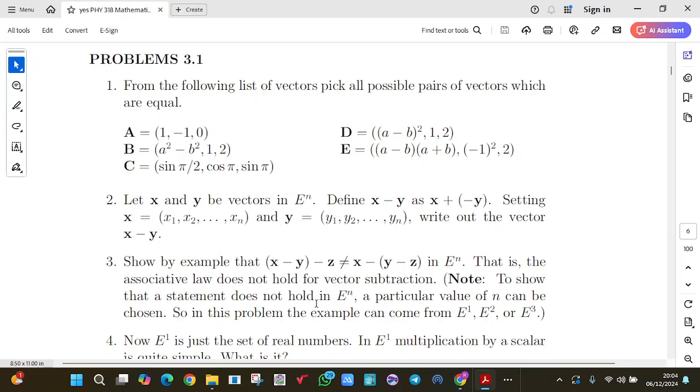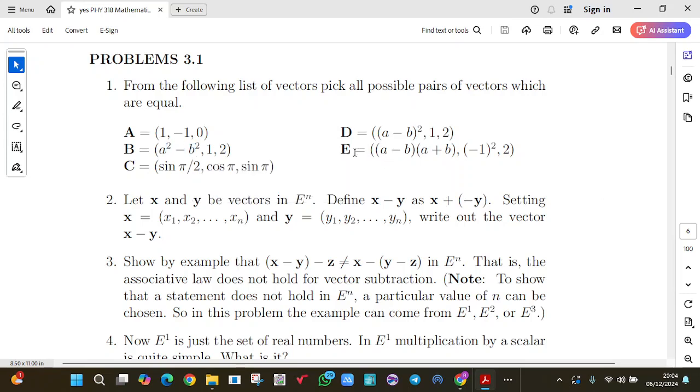That would be B and D. No, B and D cannot be the same. But B, correct, you are correct. B and E. If you open these brackets, you're going to get this, right?